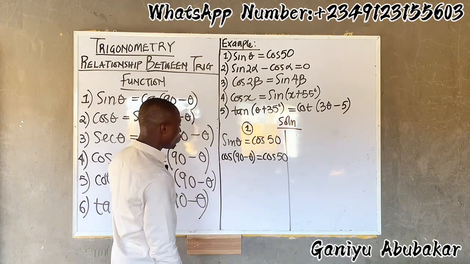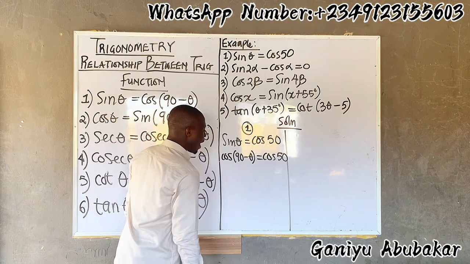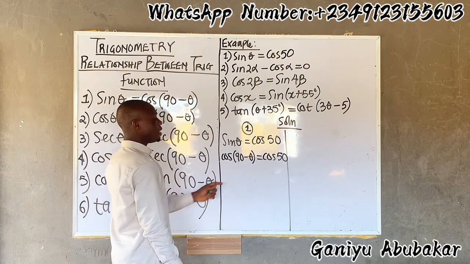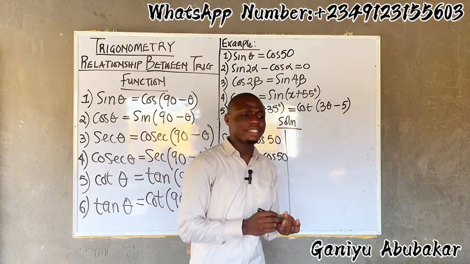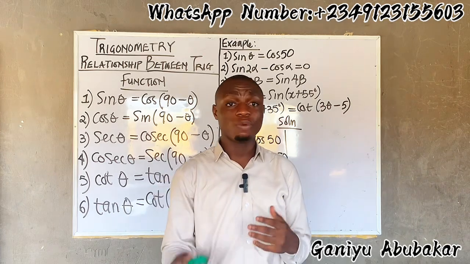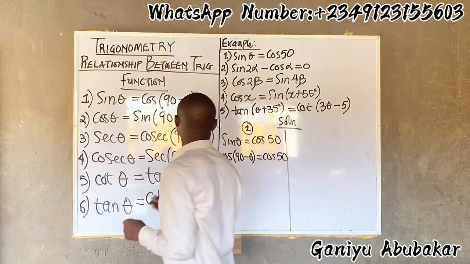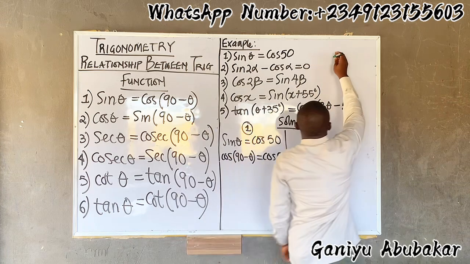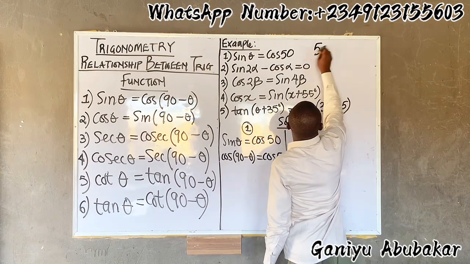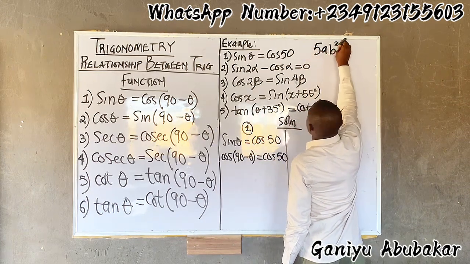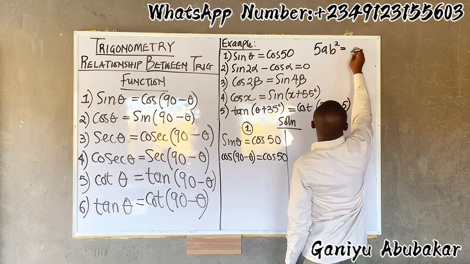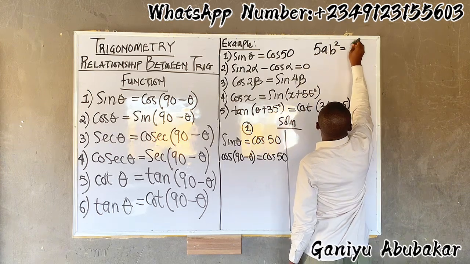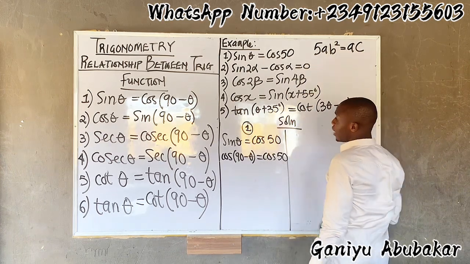From here, what do you observe? Listen up, at this level in mathematics, there are some techniques you need to be familiar with. That is, if I have, let's say, 5ab squared to be equal to, let's say, AC, for instance.